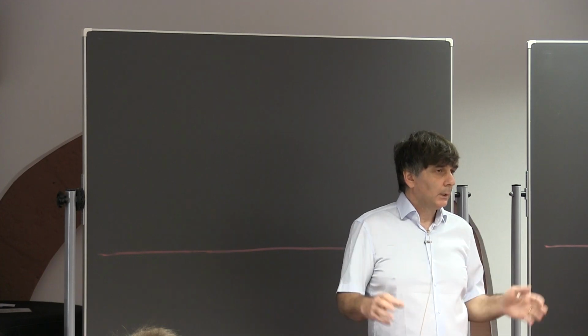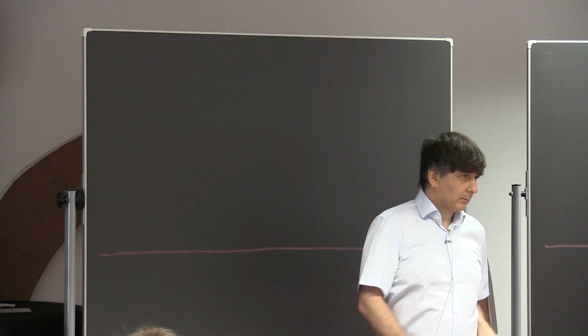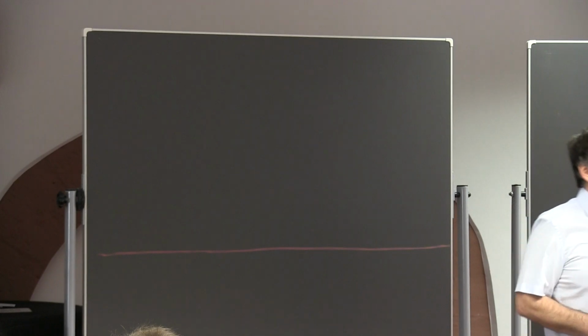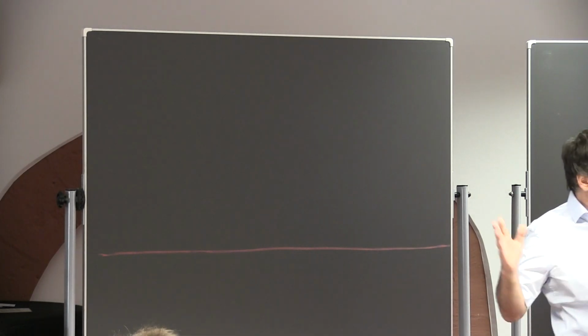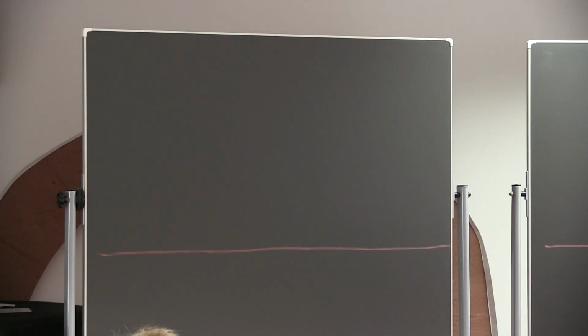It simply breaks down and must be replaced by something more powerful, more appropriate at those length scales. This transition from one description to the other, when we move from large distances to short distances, we often call ultraviolet completion of the theory.